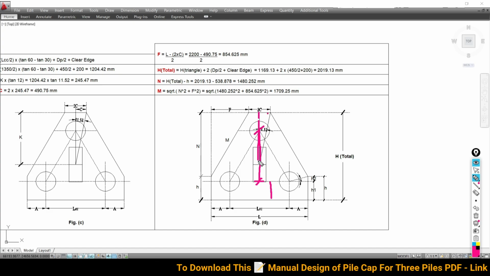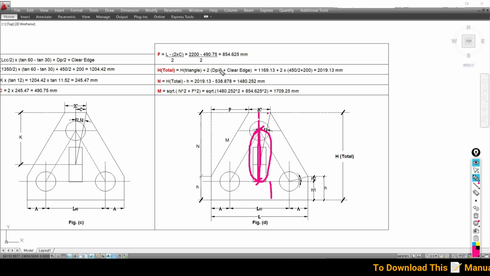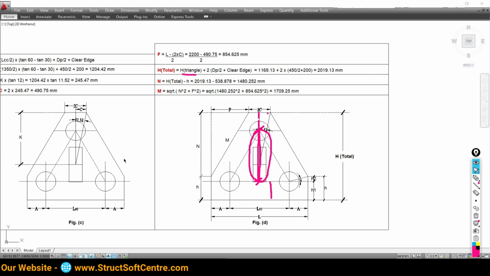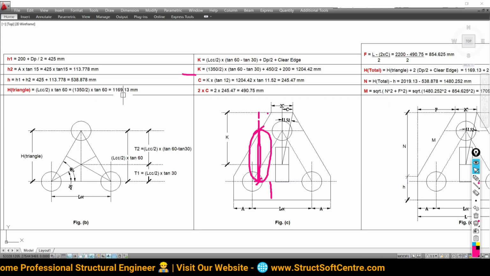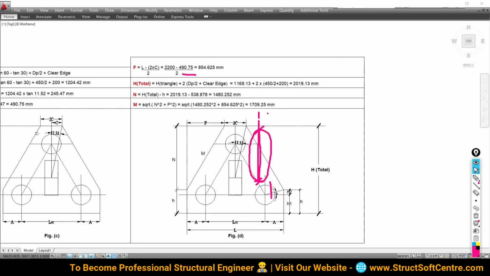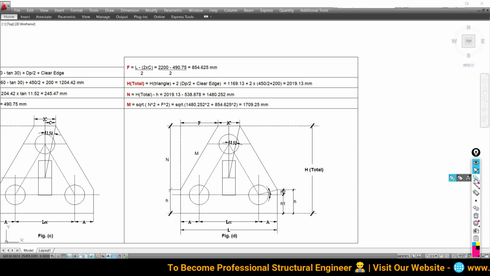In the middle we have the height of the triangle, which we already calculated. So height of the triangle plus 2 times, top and bottom, diameter of pile divided by 2 plus clear edge. The height of the triangle is how much? Let me show you. Here it is present: 1169.13 in mm, right? So we put that here as height of the triangle plus this value.